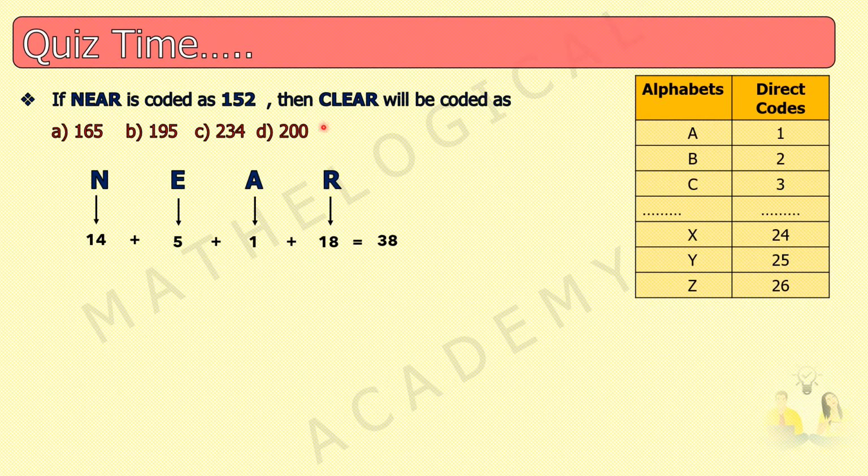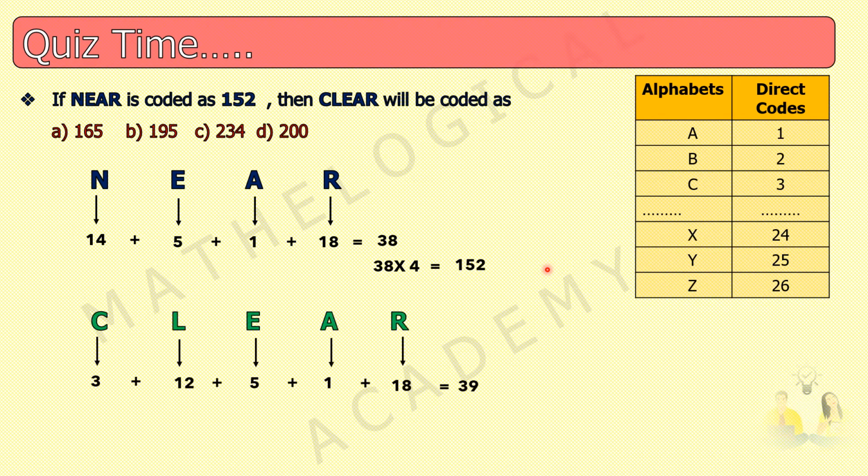In the next code also, in our word CLEAR, the total will either be multiplied by 4 or it will be multiplied by the number of letters it has, because here we have 4 letters and we multiplied by 4. Let's check what is the pattern. CLEAR, serial number of the letters, 3 for C, 12 for L, 5 for E, 1 for A, 18 for R. We find out the total, which is 39.